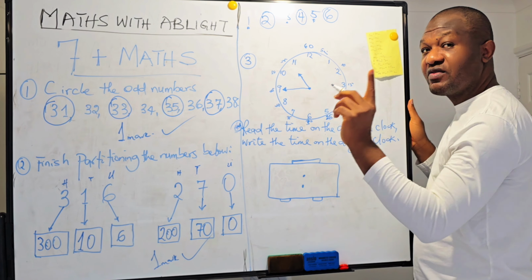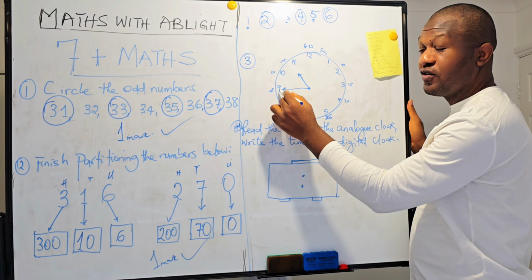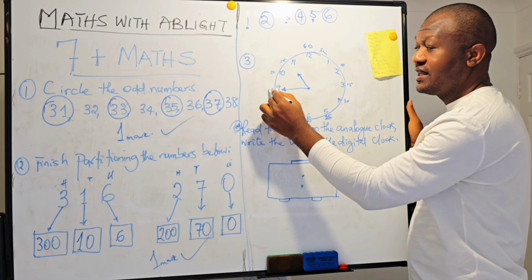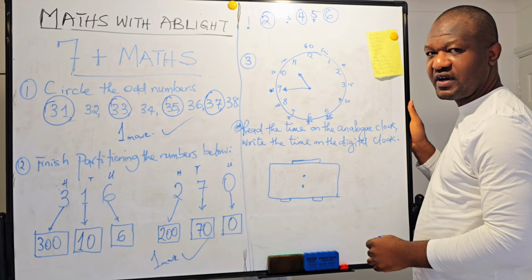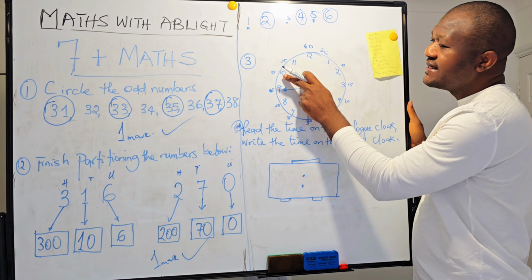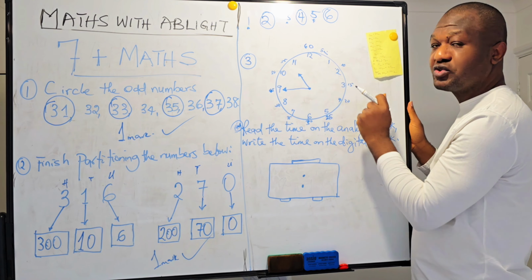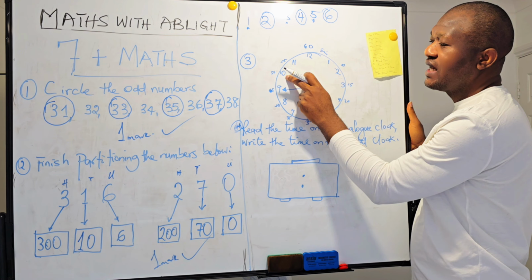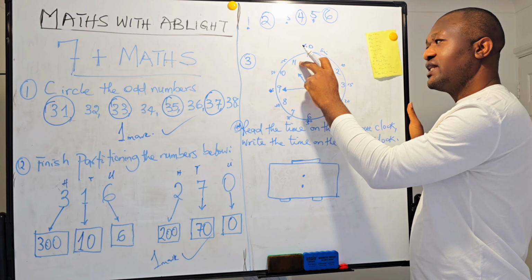If you check, the minute hand is the longer of the two. The minute hand points at 9, and at 9 we have written 45. The hour hand stays between 10 and 11, but very close to 11. The implication is that it's been moving from 10 and on its way to 11.